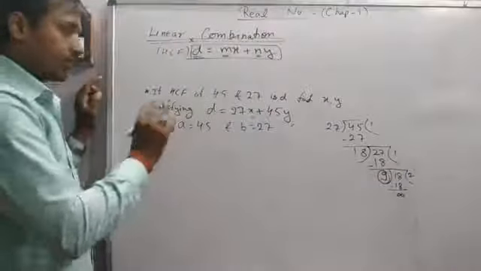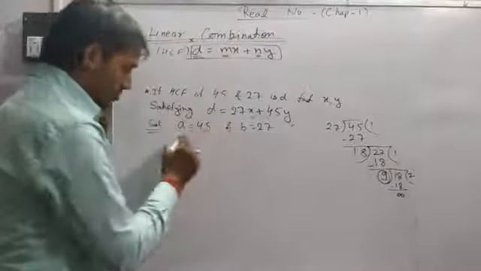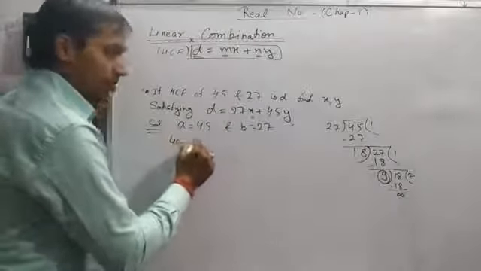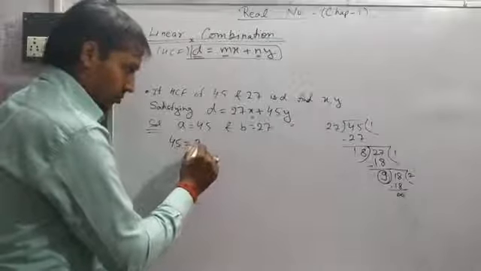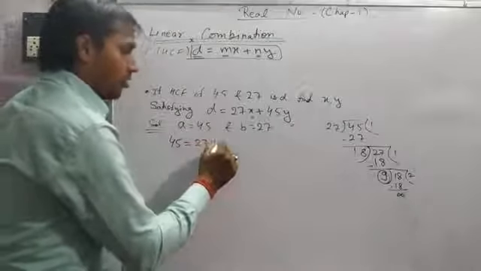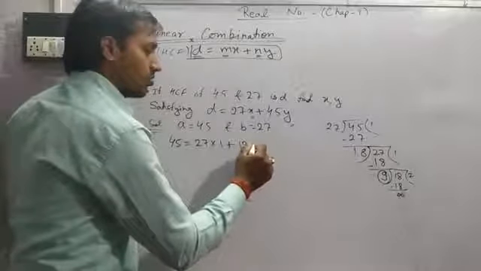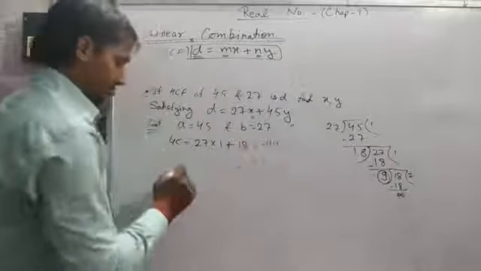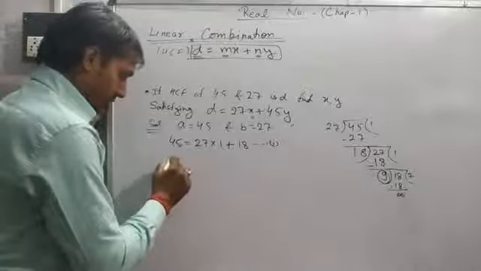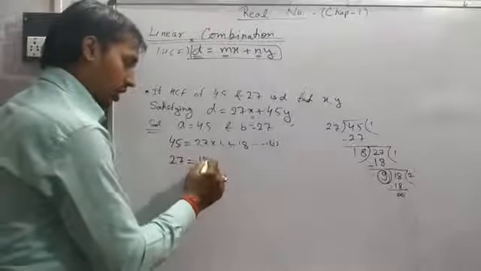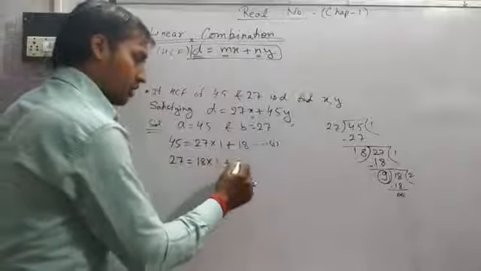But we write the lemma for this. So first, 45 is equal to 27 into 1 plus 18. Second, 27 is equal to 18 into 1 plus 9.